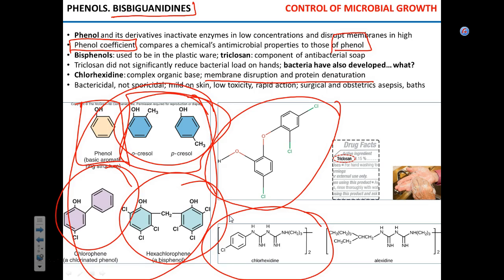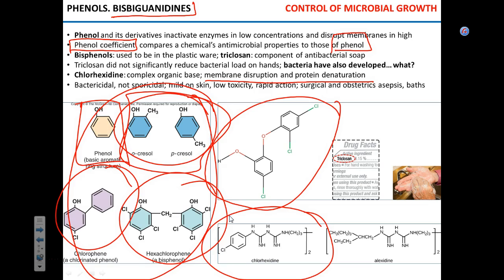Do you know where it is used? Any examples? Yes, mouthwash. Yes, exactly. Other places too. OBGYN. Okay?